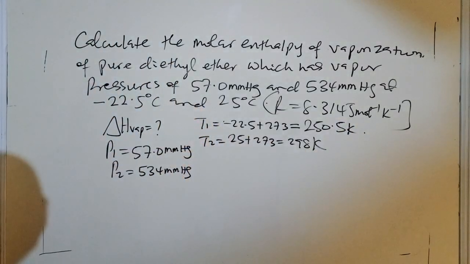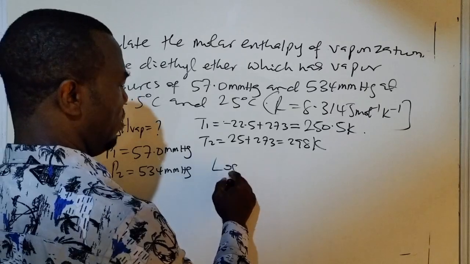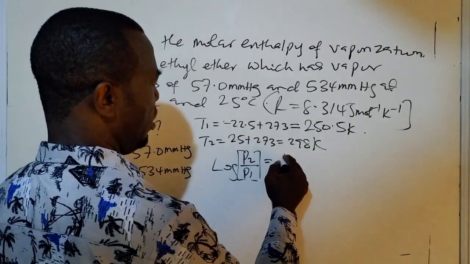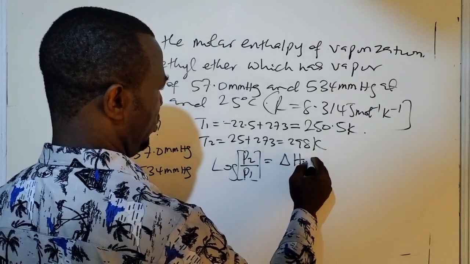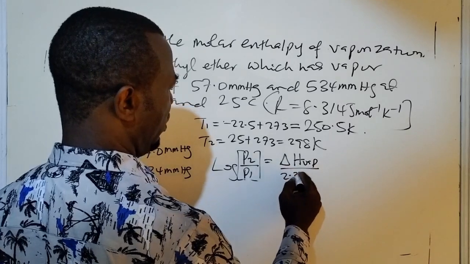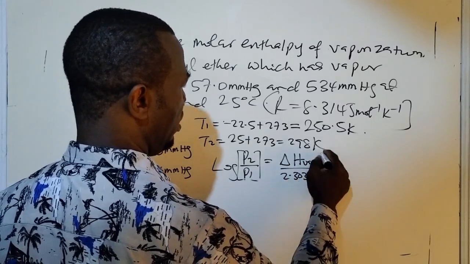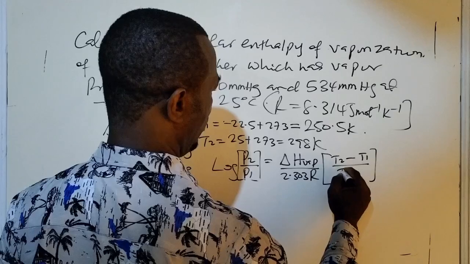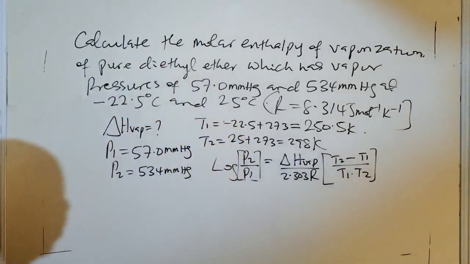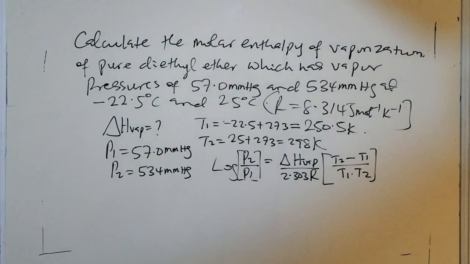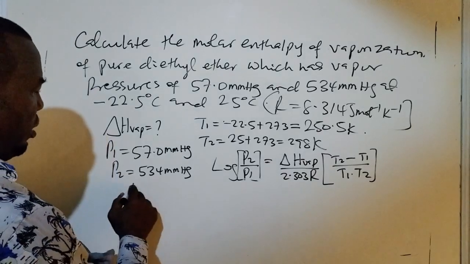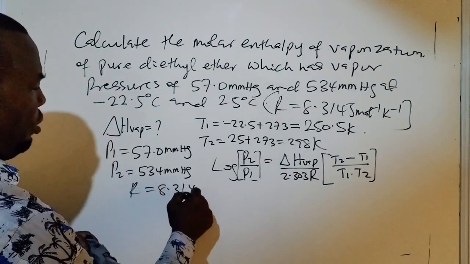We can apply the Clausius-Clapeyron equation that says log P2 over P1 equal to the enthalpy of vaporization all over 2.303 R into T2 minus T1 all over T1 times T2. Having written that, we can move up and make a substitution. Our gas constant is already given to us, so our gas constant is 8.314 in standard unit.